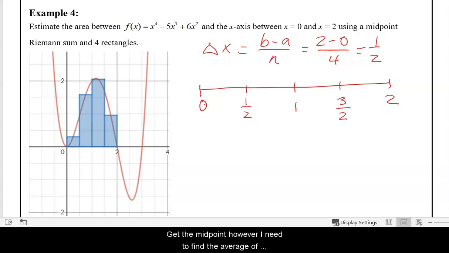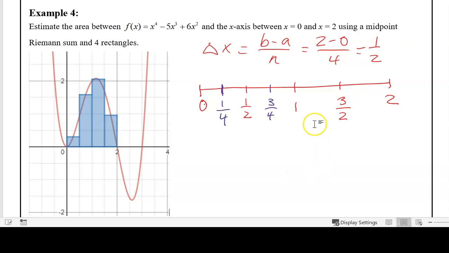To get the midpoint, however, I need to find the average of the 2 endpoints of each box. If I average 0 and 1/2, I find that the first midpoint is 1/4. Averaging 1/2 and 1 would give me a midpoint of 3/4 or 0.75.